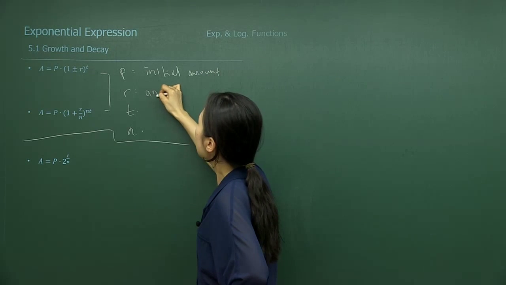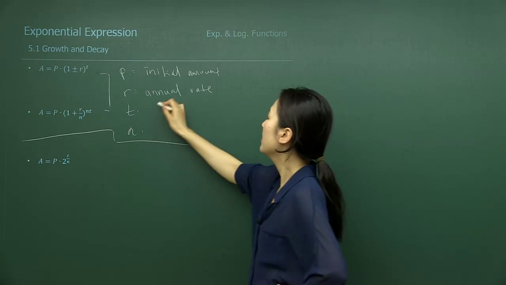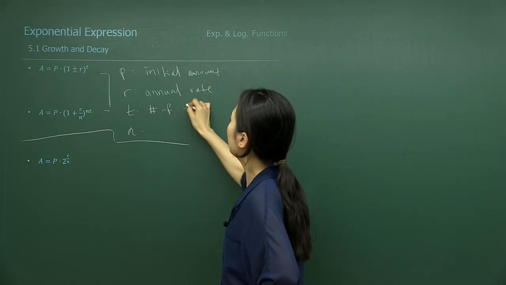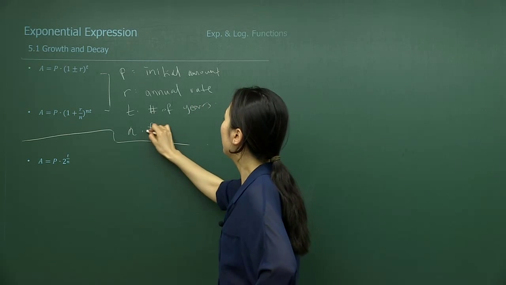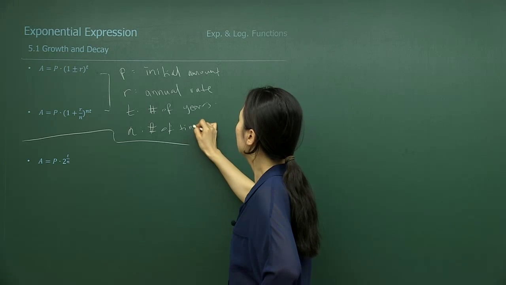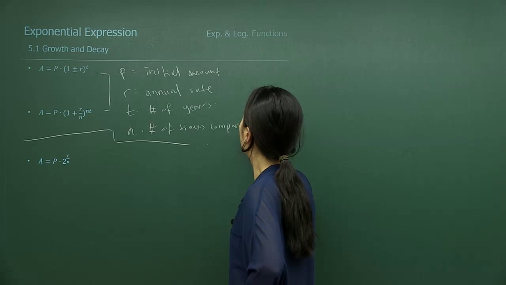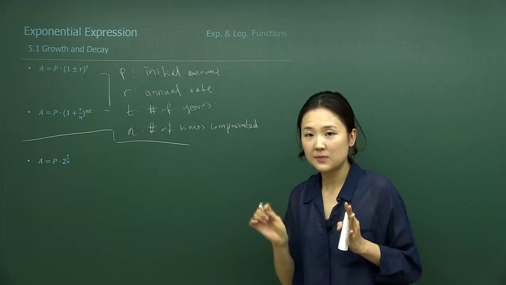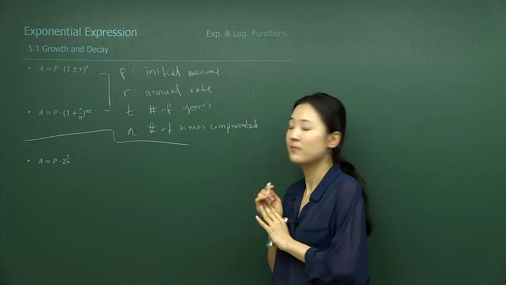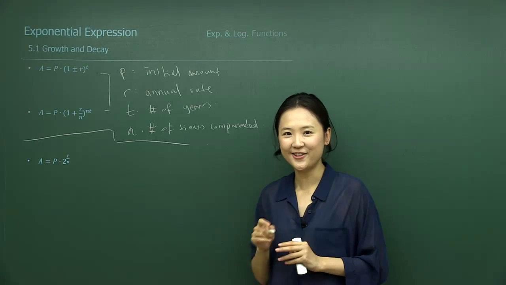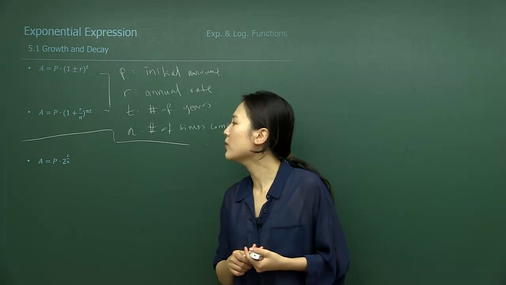R, the annual rate, T, time in years, and N, number of times compounded. So if it says it's being compounded, say weekly, then what is your N? 52, right? Okay, now let's move on to the third formula.